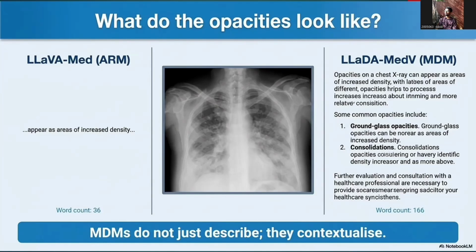It breaks down the specific types of opacities like ground glass and consolidations, and even advises further consultation with a healthcare professional. This shows that the diffusion models don't just describe what they see, they provide vital clinical context.